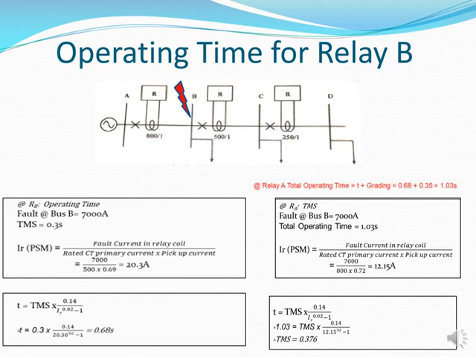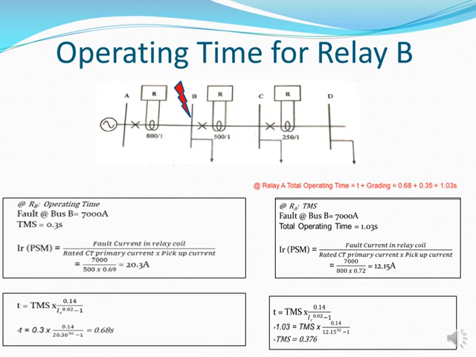I can then say that my total operating time for this relay is going to be equal to that T plus my grading, which is the 0.68 I just got plus 0.35, which is going to be 1.03 seconds.